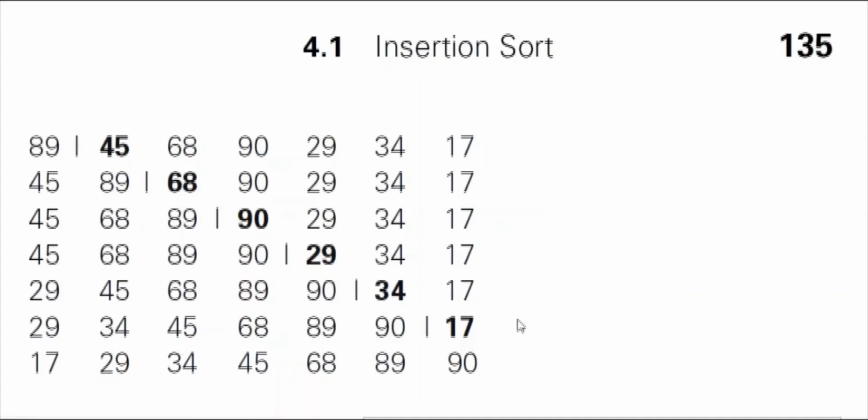So what happens if the second card is already sorted? Sorted means I am not going to replace the position of 89 by 45. So the elements 89, 45, 68, 90, 29, 34, 17 stay in the same order if they are in sorted order. So take 1, 2, 3, 4, 5, 6, 7.